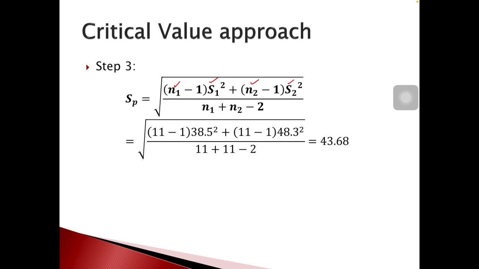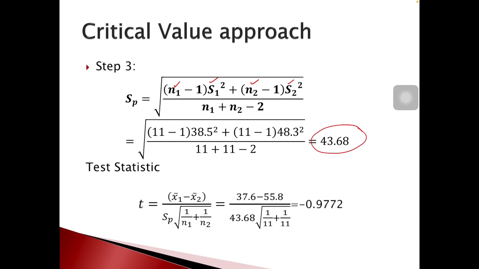So plug the values and get SP, the pooled standard deviation. It is 43.68. Test statistic is x1 bar minus x2 bar divided by SP times the square root of 1 over n1 plus 1 over n2. So you can simply plug the values.